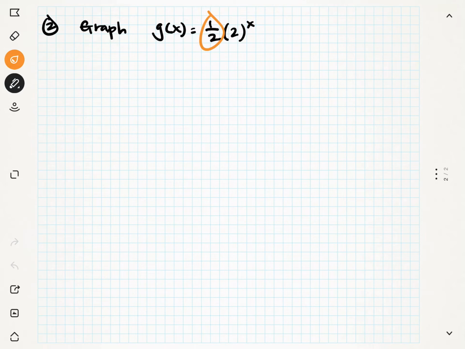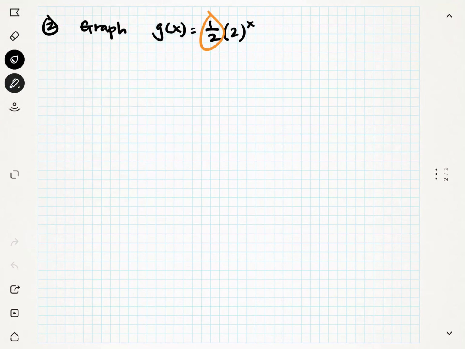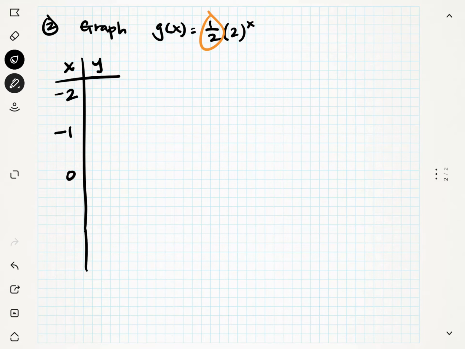We're still gonna do our table. We're still gonna go ahead and plot our points. We're still gonna use our button to graph the line. Okay, this time let's make our table a little bigger. -2, -1, 0, 1, 2.